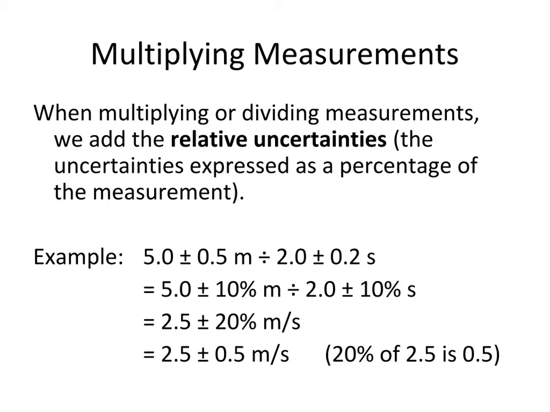And we can see here that 20% of 2.5 is just 0.5. So we've converted it back to what we call an absolute uncertainty.